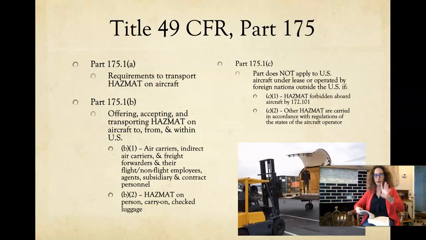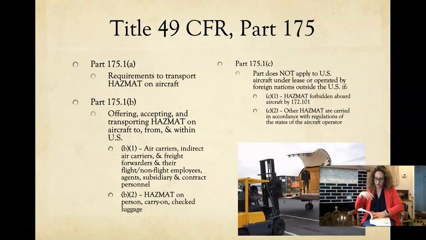Now, what I want you to see is Part B. Part B says this part applies to the offering, acceptance, and transportation of hazardous materials. Next sentence, this subchapter applies to any person who performs, attempts to perform, or is required to perform any function to this subchapter, including 1, air carriers, which is going to be UPS, FedEx, United, Delta, SkyWest, ExpressJet.